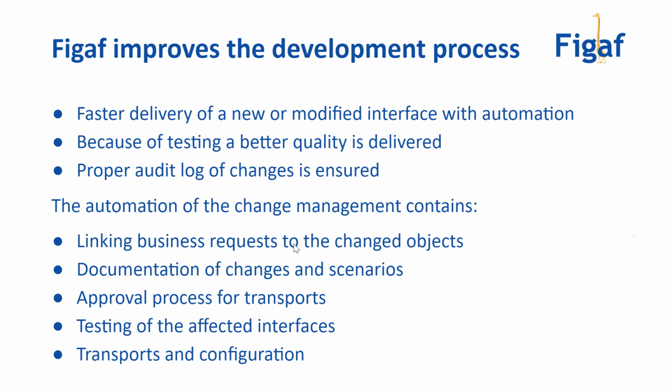The idea is that it's able to deliver modifications to interfaces faster because it's automated. We also have a testing part, so that improves the quality of it, and we have the ability to do an audit log of changes.